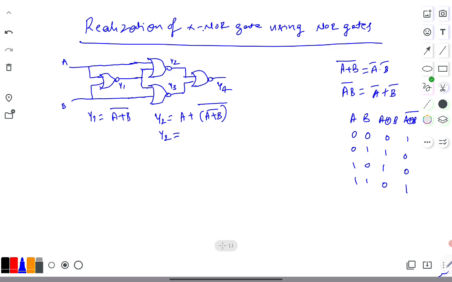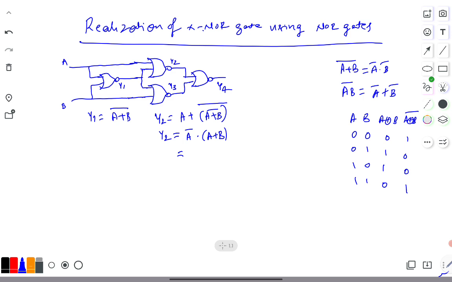Now let's apply De Morgan's theorem. Here (A plus B) whole bar is equal to A bar dot B bar.